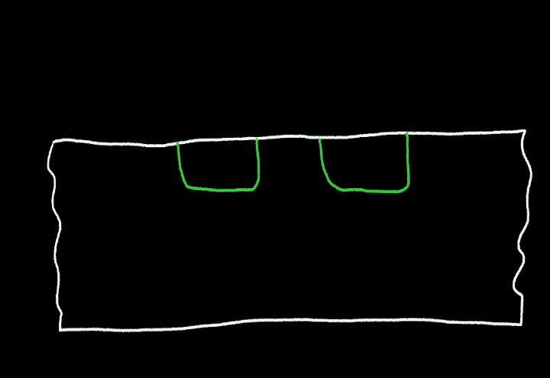And I know that between this P material and this N material, I'm going to have a depletion region. It'll look something like this. And this N region over here will have a similar depletion region.